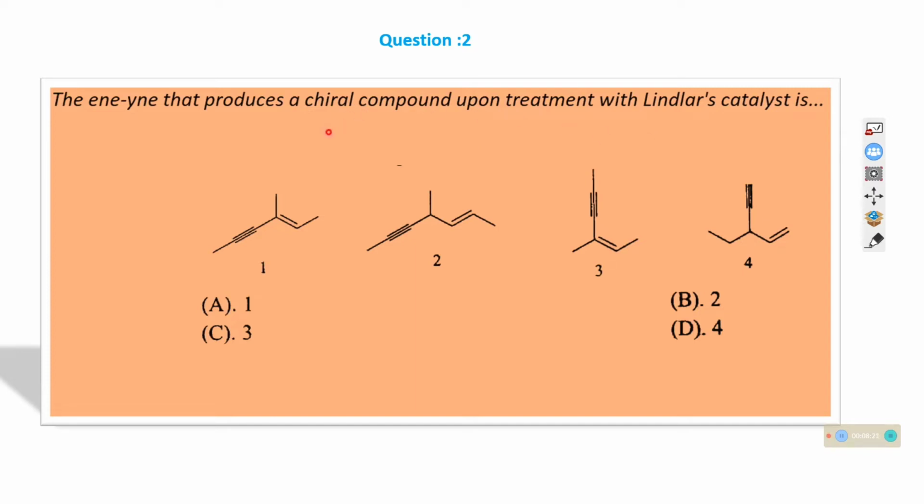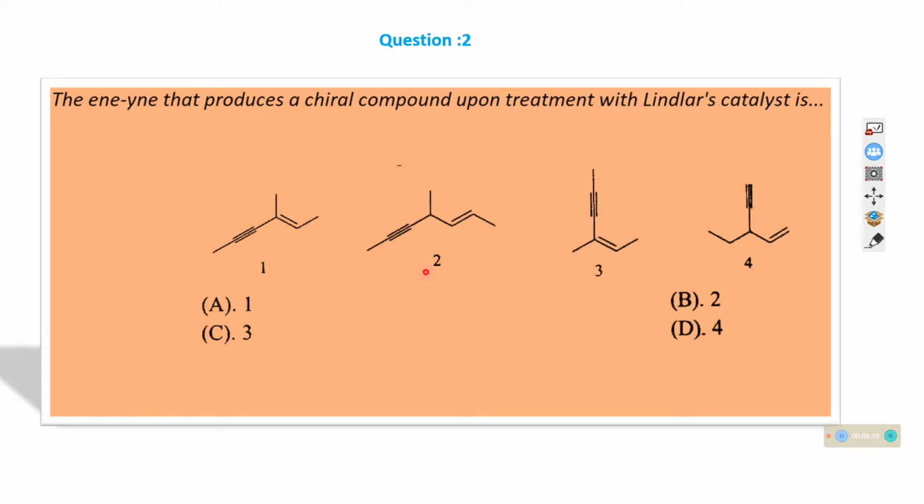So if we treat this compound with Lindlar catalyst, which one will give a chiral compound? Chiral compound means there should be at least one chiral center, meaning that center contains different types of groups.